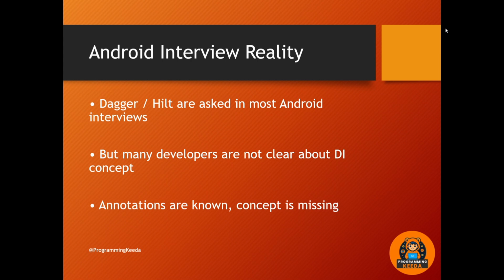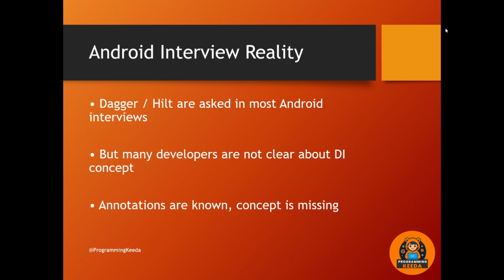In a real Android interview, candidates are frequently asked questions such as what is dependency injection, or why do you use Dagger or Hilt. Many developers struggle to answer these questions clearly because they memorize syntax and annotations instead of understanding the core ideas. Interviewers are not interested in whether you remember the annotations by heart.